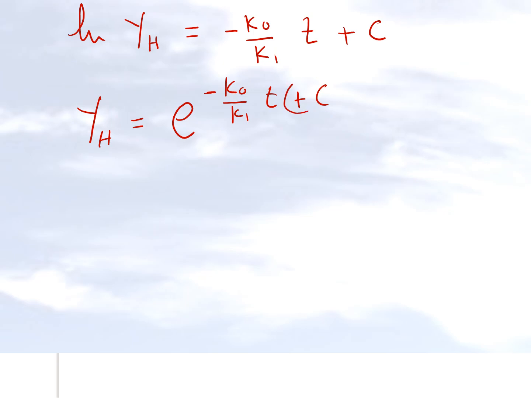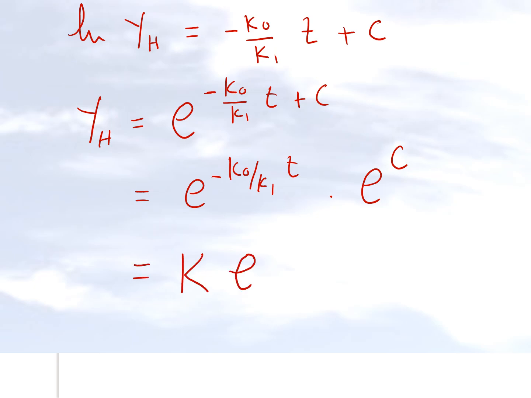Using the exponential property, where we have an addition here, this can be written as e to the power minus k naught over k1 t times e to the power c, where c is our integration constant. Since c is a constant, e to the power c is also constant. So this can be written as k e to the power minus k naught over k1 t.